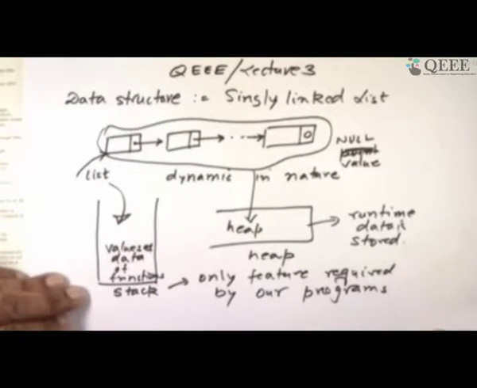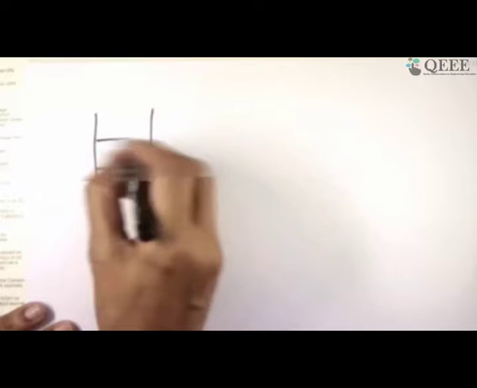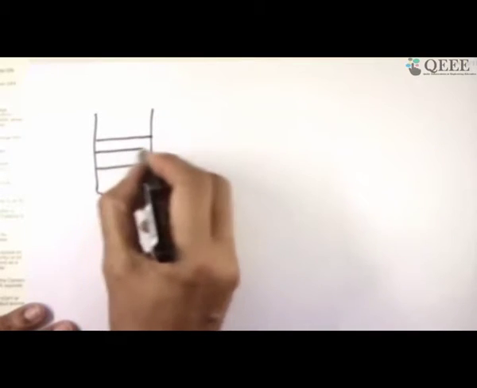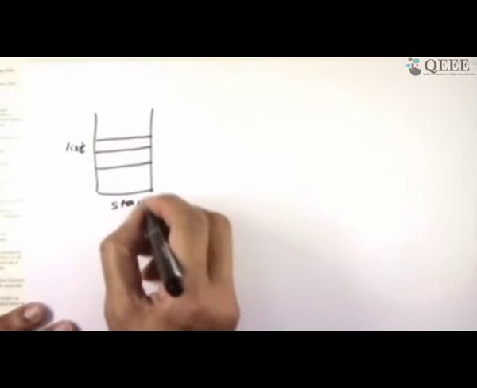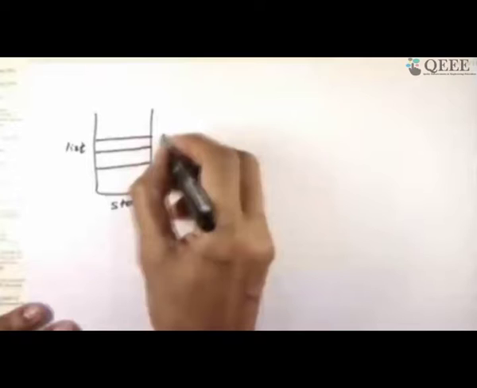Now let me draw only the part that I want and then see what I need to build a linked list data structure. So now I'll draw the stack part only. For some function working on a linked list, there will be, let's say, a place, which I will name list for the moment. This is a place on the stack, and this is some function, don't worry which, some function f.